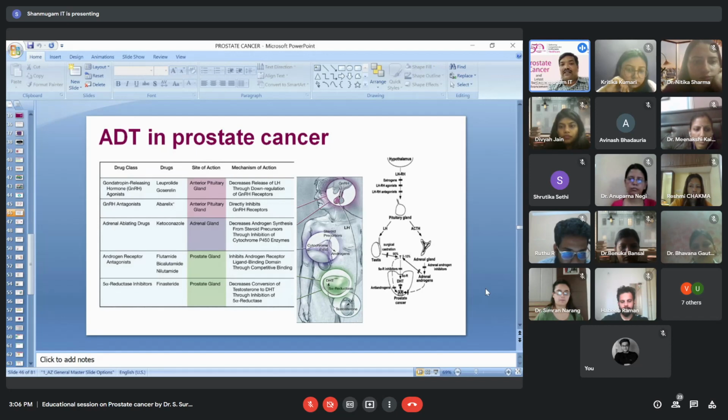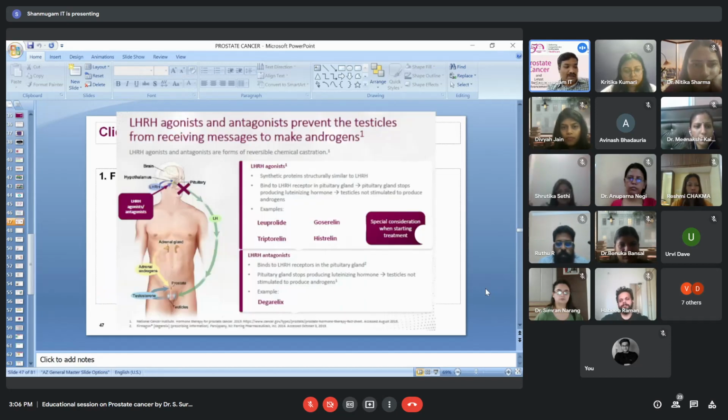Or we have the androgen receptor antagonists, most commonly bicalutamide, flutamide and enzalutamide, which we give in combination with either surgery or GnRH analogues in the primary management. And we have newer molecules like 5-alpha reductase inhibitors, finasteride, which can also be useful in management.